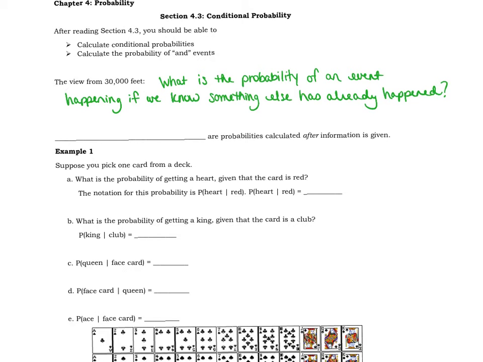And that leads us to this idea of conditional probabilities.